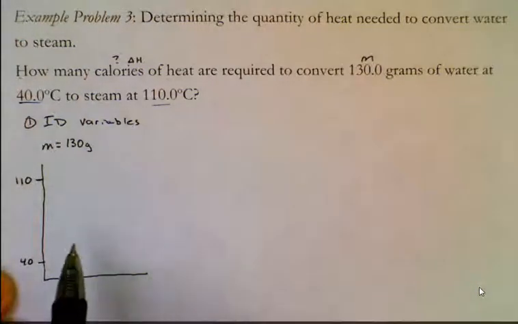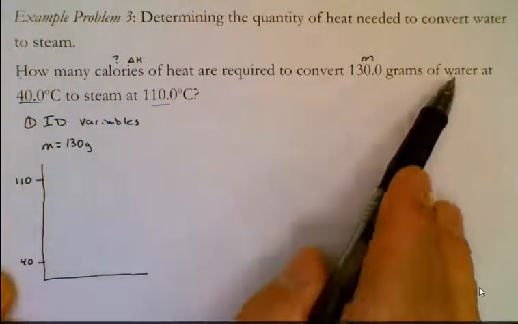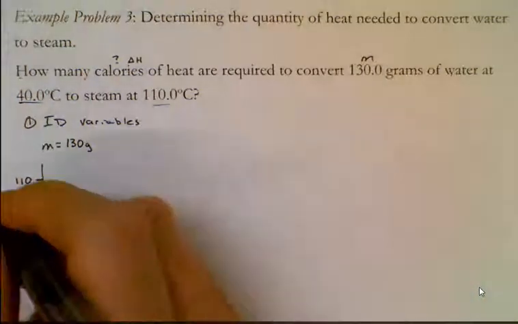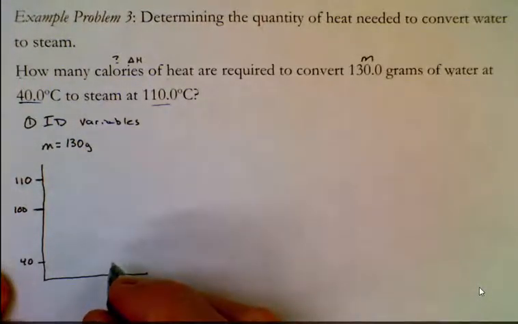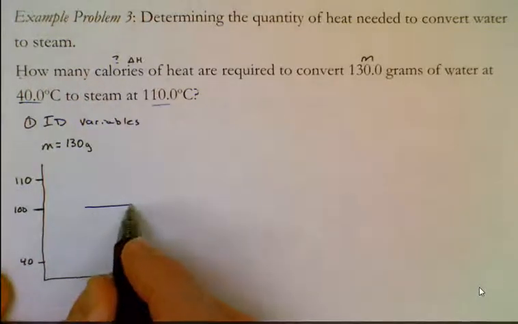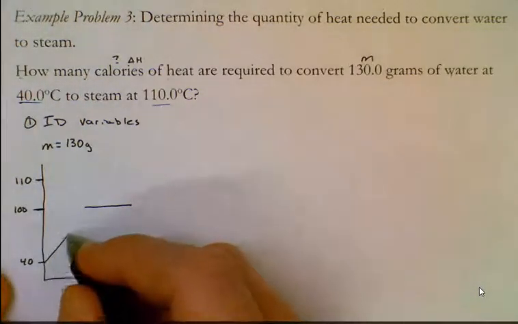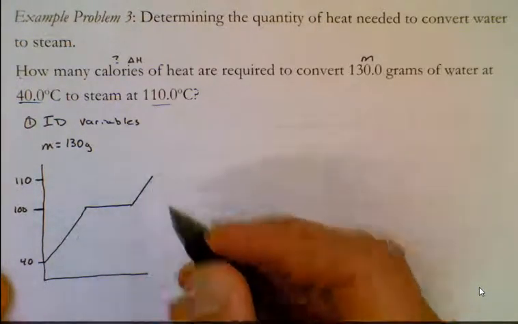The other thing we're going to think about is whether there is an important temperature for this substance, water, in between these two. And there is. That important temperature happens to be 100, which is the boiling point, condensing point of water. Once you have that point made, draw a plateau, a flat part of the graph at that temperature. Connect your low temperature to one end. Then on the other end of that plateau, go up to your high temperature.